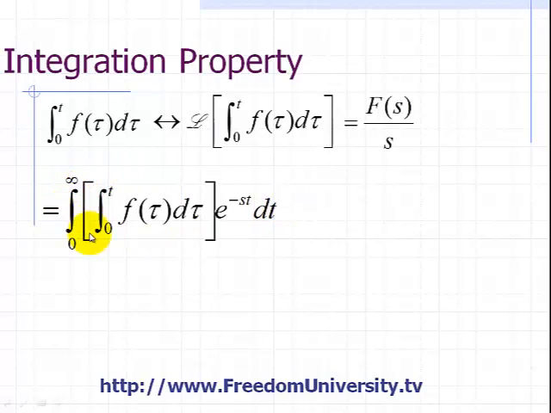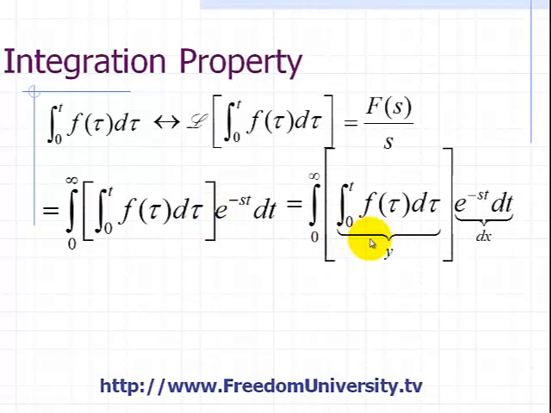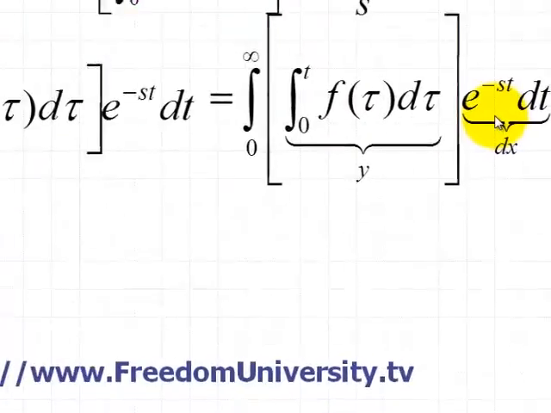So all this is our definition of the Laplace transform, where our function is the integral of f of t dt, or f of tau d tau as a dummy variable when we're integrating from 0 to t. When we do that, I highlighted here, we'll define this portion, the integral from 0 to t of f of tau d tau, as y, and that e to the minus st dt as dx.